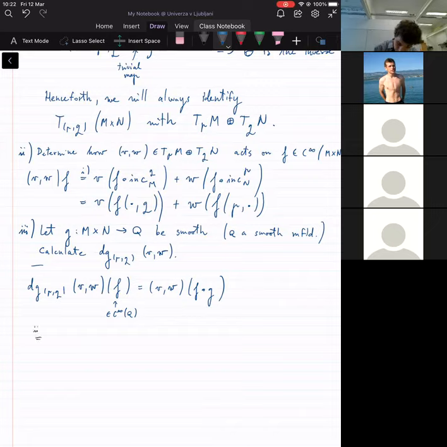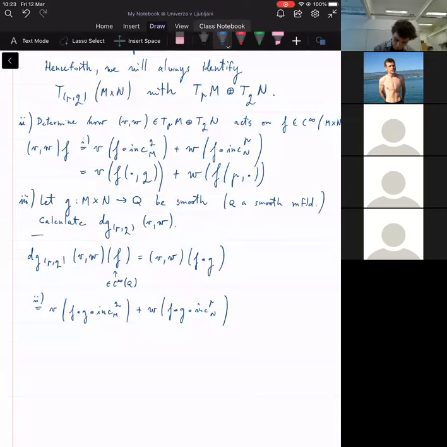But this is now by the second part this v on f∘g of inclusion of M at point q plus w of f∘g of inclusion of N into the product at point p. Okay, but this now, by using the definition of what the differential is, the differential map.